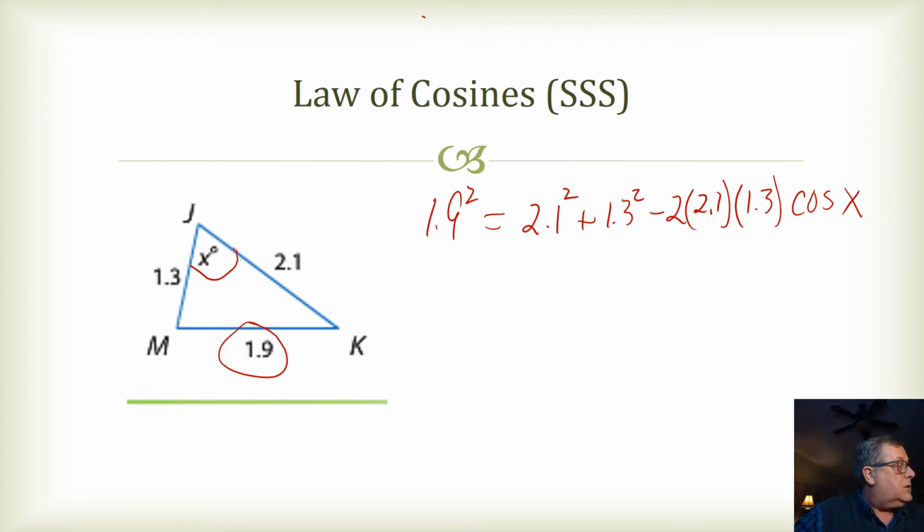Well, let's start to solve. I'm going to shortcut this just a little bit as we go through, but not a whole lot. 1.9 squared equals 3.61. And now I'm going to do 2.1 squared plus 1.3 squared, and that equals 6.1.